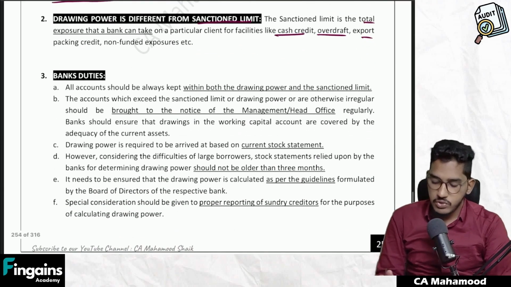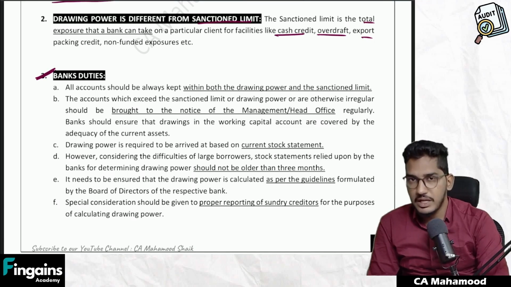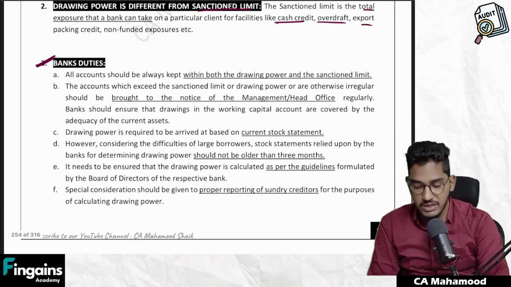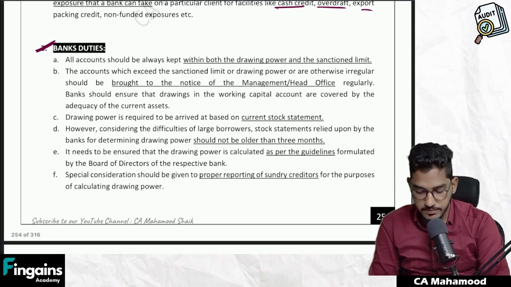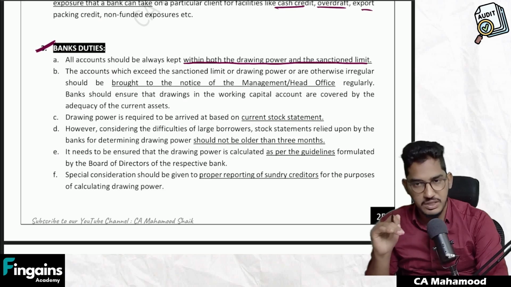Now, when it comes to drawing power, what are bank's duties? What bank is supposed to do regarding drawing power? Let us see what are the bank and bank management's duties. All accounts should always be kept within both the drawing power as well as sanction limit. Quite common point. So whatever loans you are giving, all that loans and advances should always be within the drawing power and also within the sanction limit.